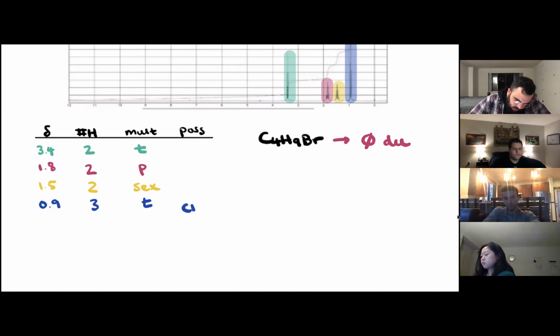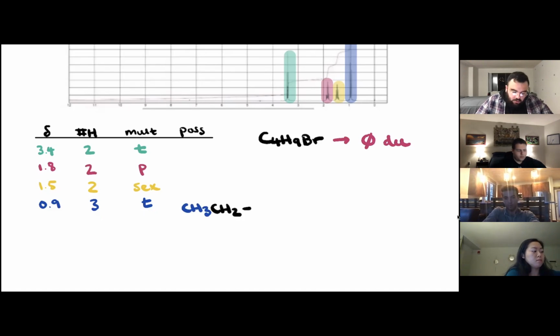So I'm going to put that here in blue. And you see that I have a triplet. If I have a triplet, that means that I have 2 neighbors. Well, if I have a CH3, I can only have 1 extra thing bound. So the only way I can have 2 neighbors with that CH3 is if my next door neighbor is a CH2. Okay, so we good so far.